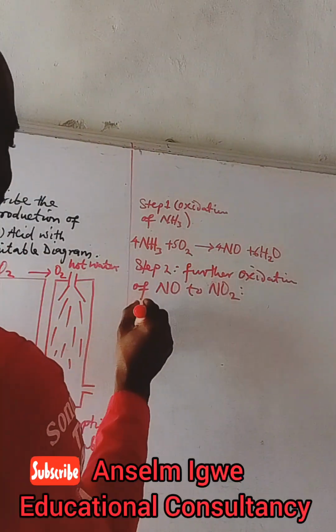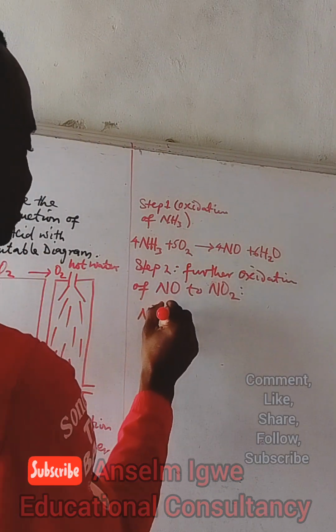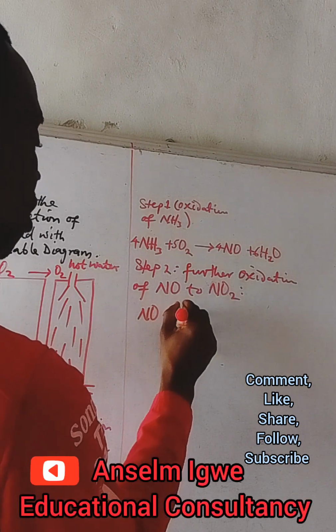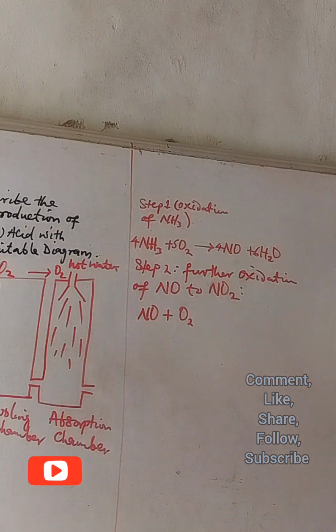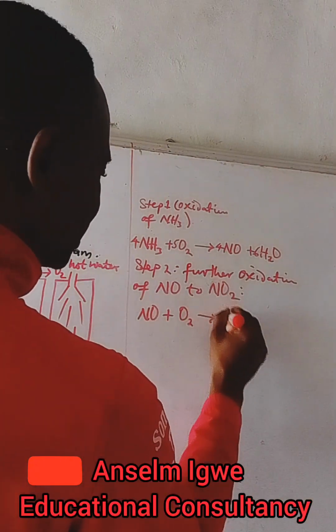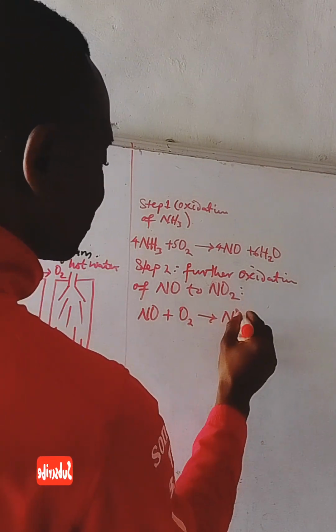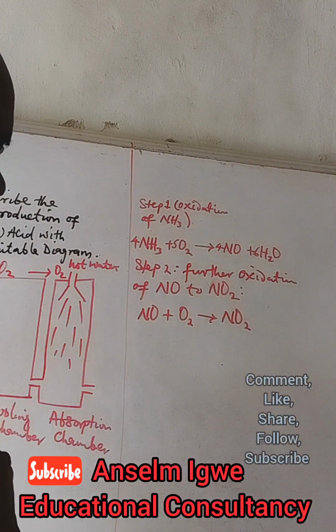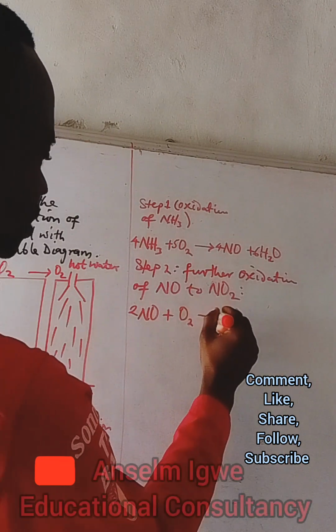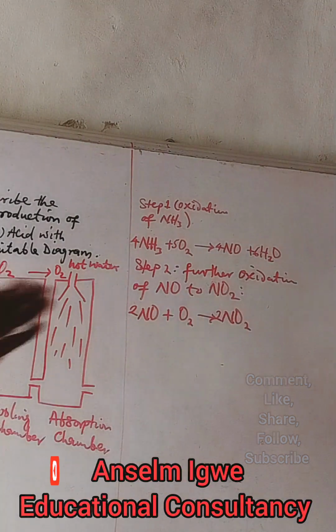How does it happen? Nitrogen 2 oxide gas will combine with more air. Remember, air is already inside the chamber to form nitrogen 4 oxide, which is a brown denser gas. So this is what happens in the cooling chamber.